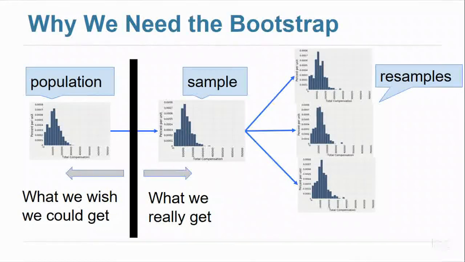This is cheap and computationally efficient because our computer can just churn out a bunch of resamples very, very quickly for us. For each of those 10,000 resamples, we'll compute the statistic that we're interested in, maybe the mean income. And so then we'll have 10,000 values of that mean income, and we can construct a histogram of those 10,000 values.